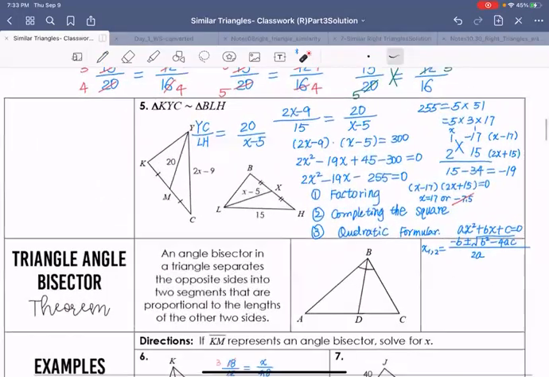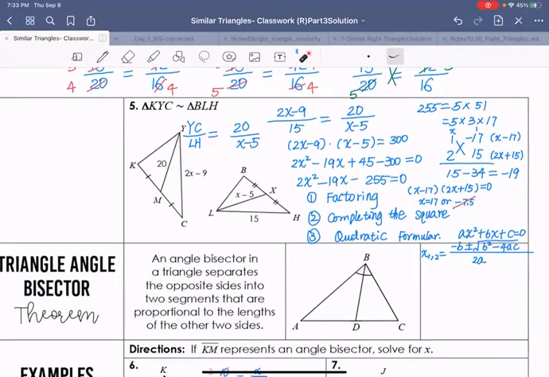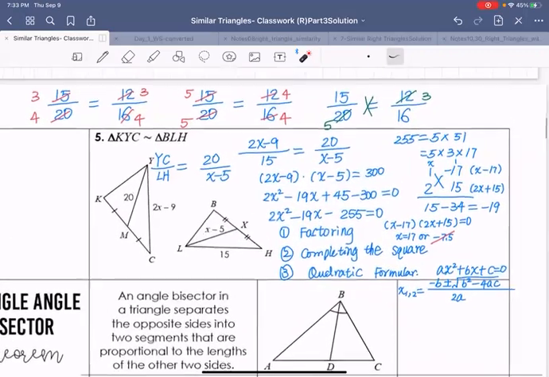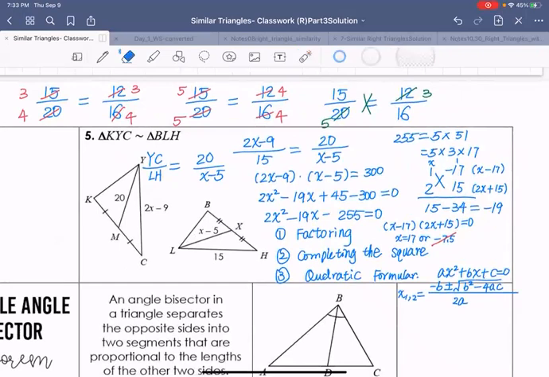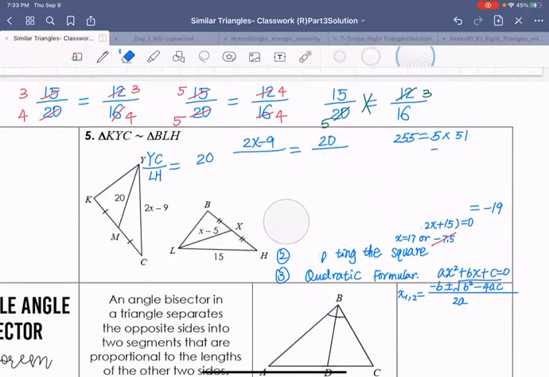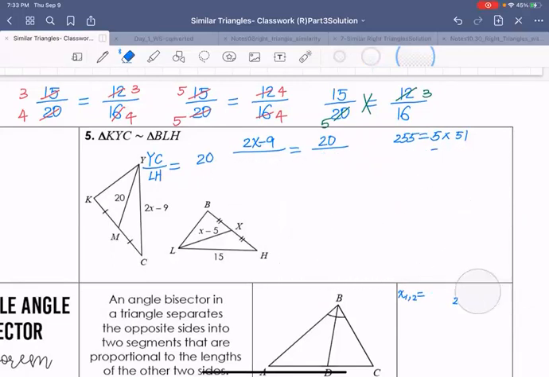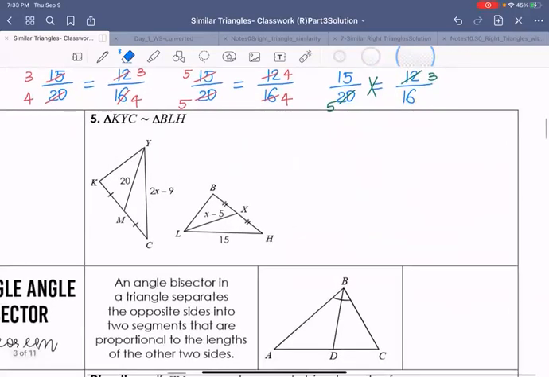Next one. This question is a little bit of a challenge, okay? This question is checking if you have your algebra foundation ready. Christina, let's go ahead and write the proportion.